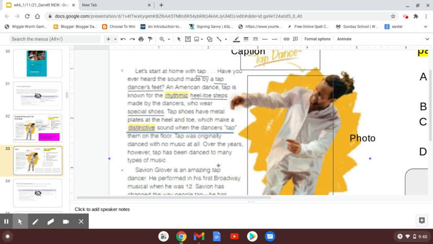So for a while there, they had no music originally. But now over the years, tap has been danced to many types of music. Very cool.